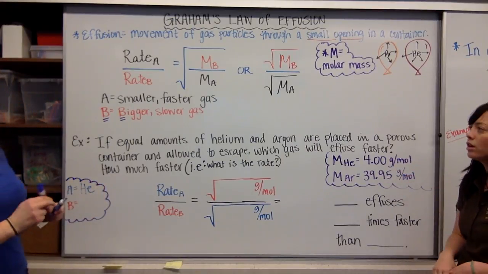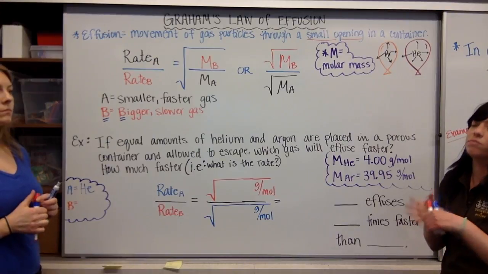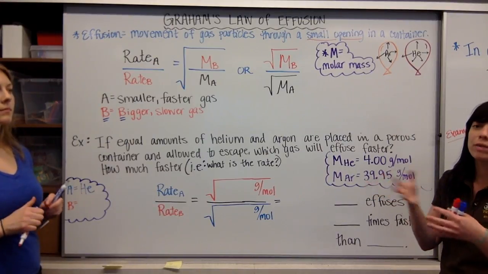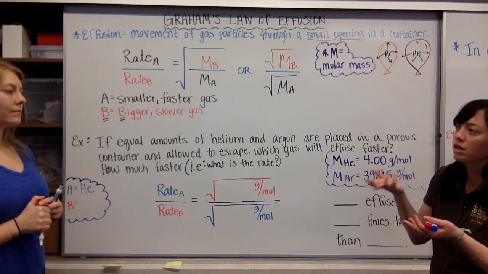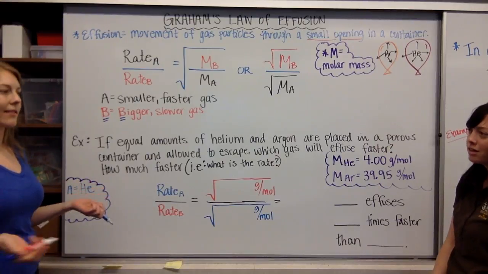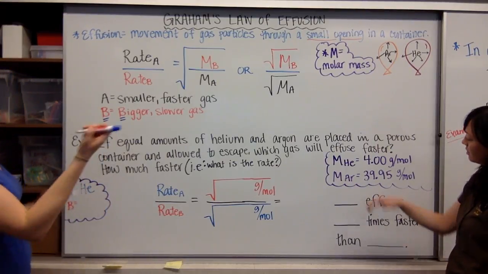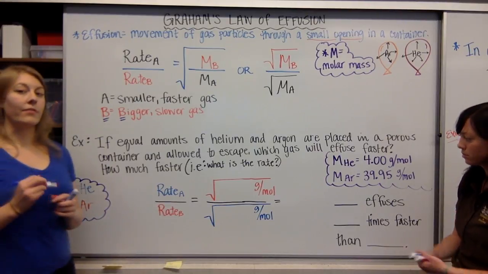We just know which one. We're saying smaller, and really the molar mass determines how big or small an atom is, right? So the one with the smaller molar mass is going to be a smaller atom, so it's going to be faster. So the least massive. Okay, so then B has to be argon, because argon is the larger or the more massive of the 2 gases.